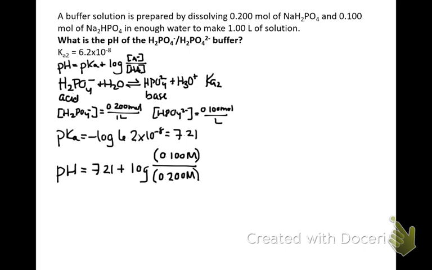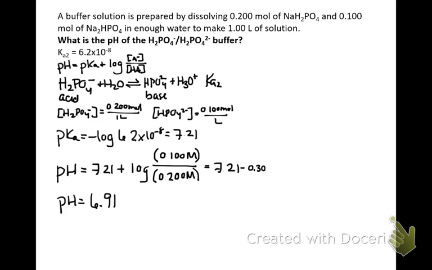If I do that, I get 7.21 minus 0.30, from the log of that ratio. And so the pH of this buffer will be 6.91.